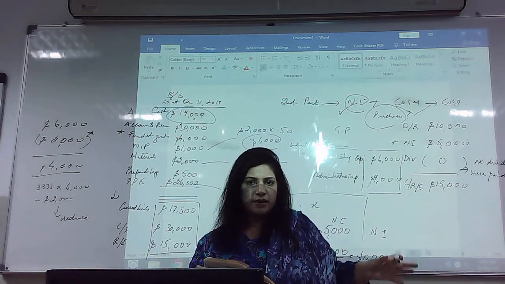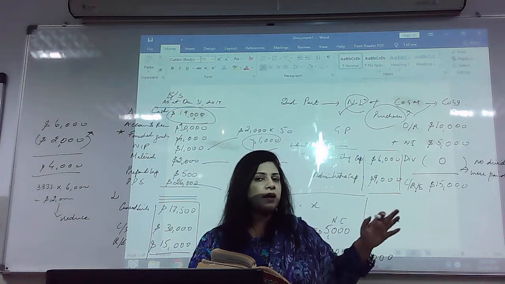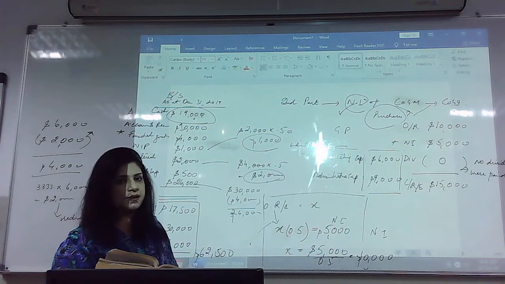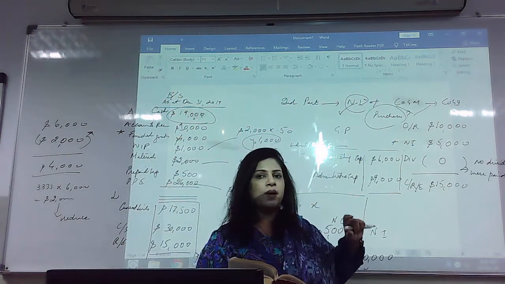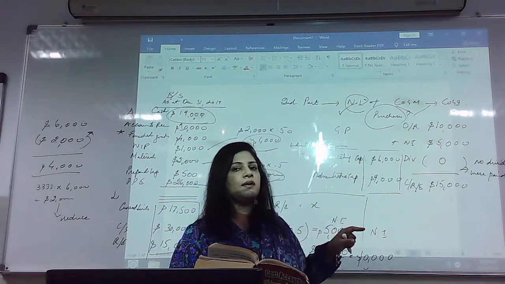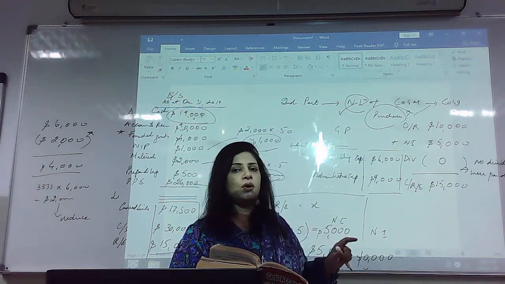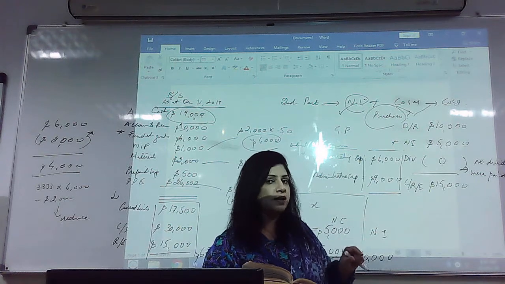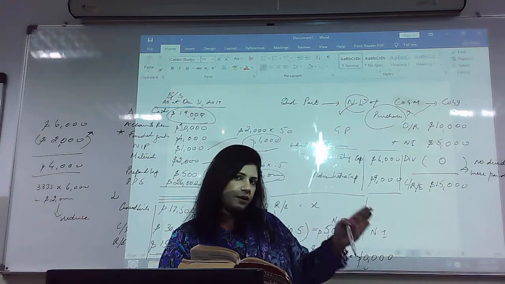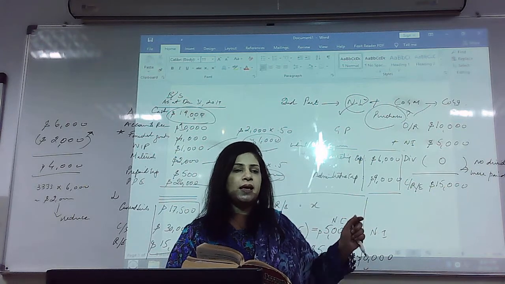You write down the format: direct material opening plus purchases as X. Then, just the way I have done with the balance sheet, go back and find out the value of X. Then you have direct material available for use, then you subtract the closing, but you won't write any figures in this, so leave that blank.